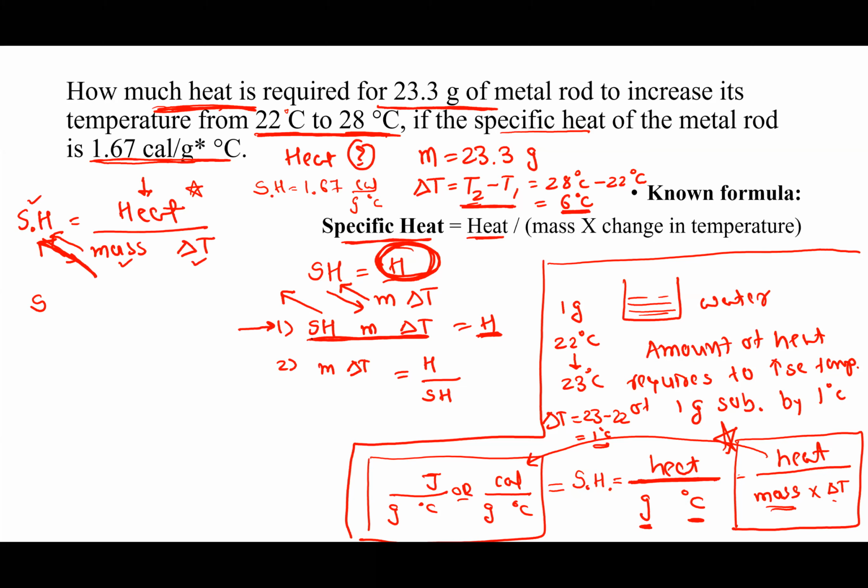In case you have to find something which is in a denominator, you cross multiply both, so this goes on the top and this goes in the bottom. Does it make sense?